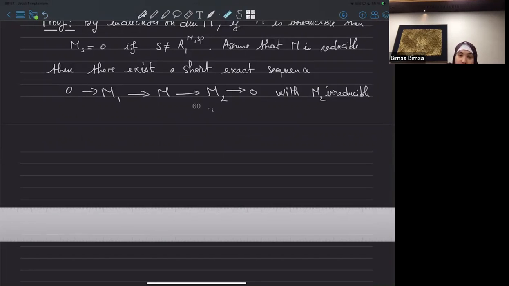this one is the first term, and we take the quotient. Then by the induction hypothesis, we have M1 equal to something like S0, M1S.